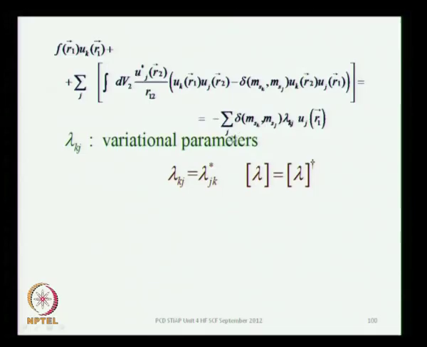Then when you sum over j on this lambda_kj, there will be a Kronecker delta, and that will simplify this very significantly.